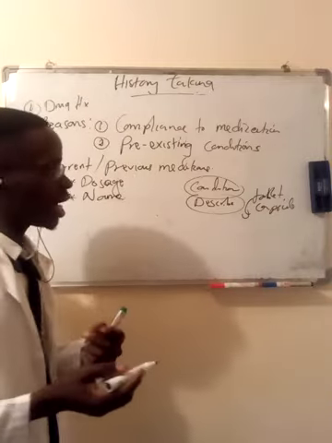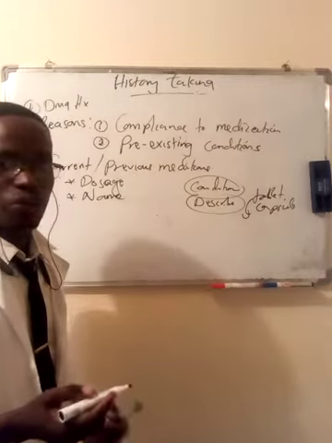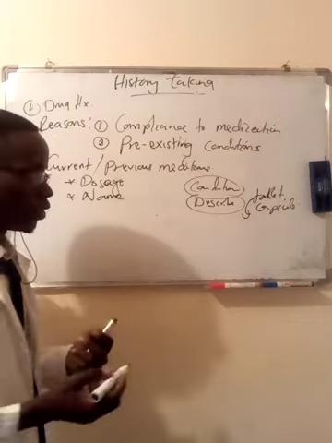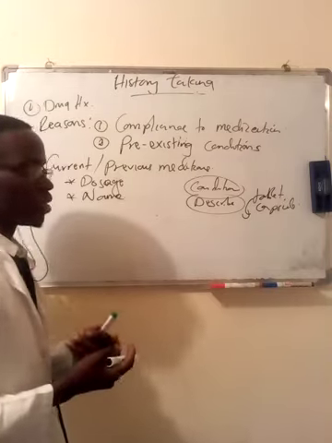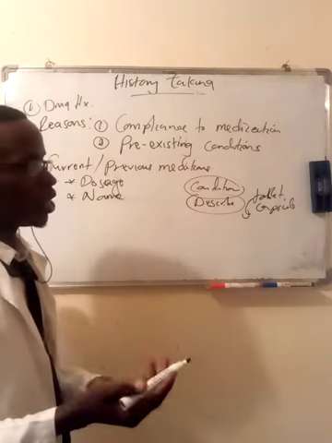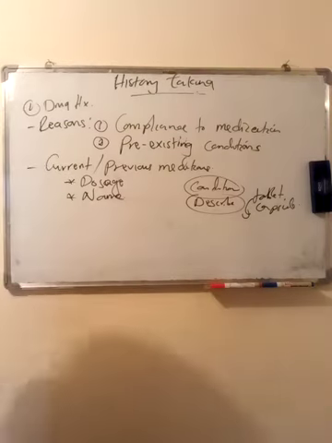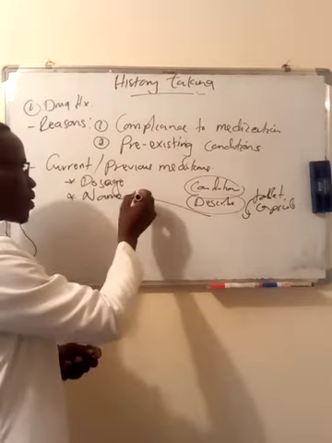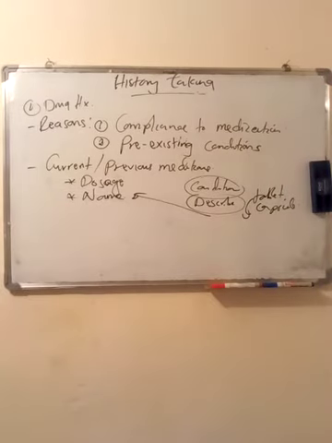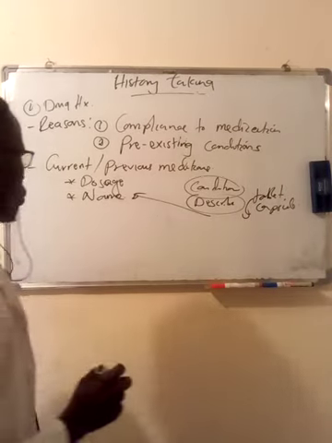What is the color of the tablets, or even the capsules? You can also ask at what time they take the drug. If they say that maybe they take it in the morning, or twice a day, or 3 times a day, and so on. So you can ask questions that can help you arrive at the name of the drug.